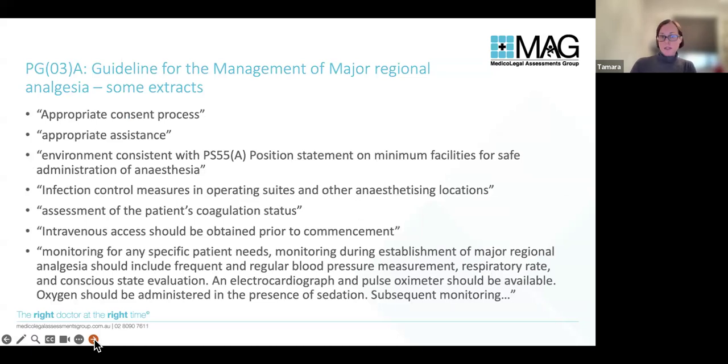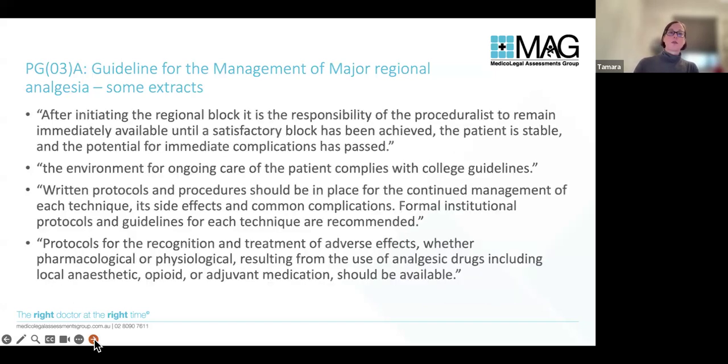Talks again about consent, appropriate assistant we've been over, the minimum facilities for administration of anaesthesia, and that's general, local, regional analgesia anaesthesia, in terms of the availability of appropriate monitoring, oxygen, suction, support, help, etc. And it talks about various things you'd assess specifically because you're doing a major regional block. Talks about intravenous access should be obtained, and so on and so forth.